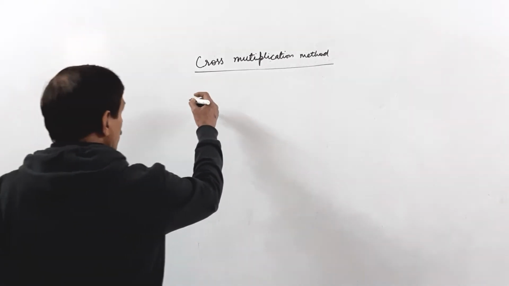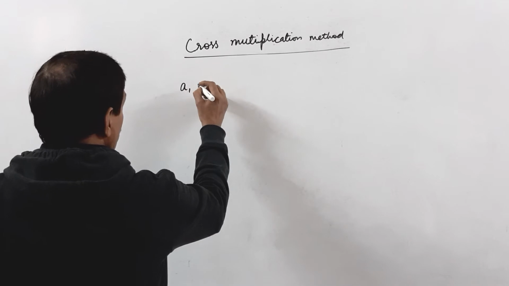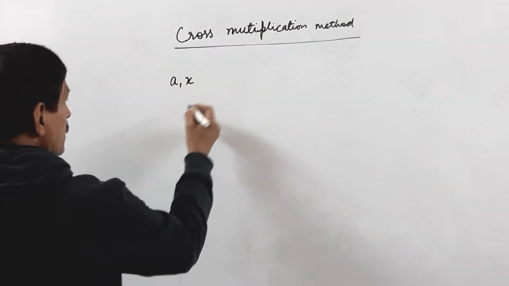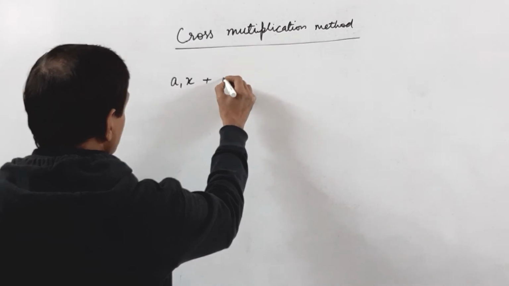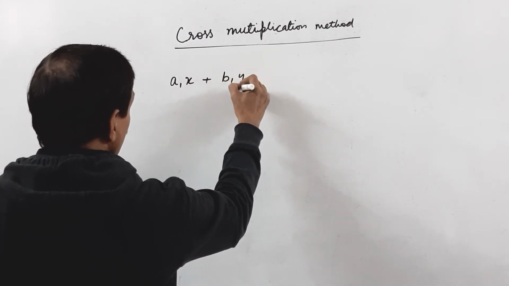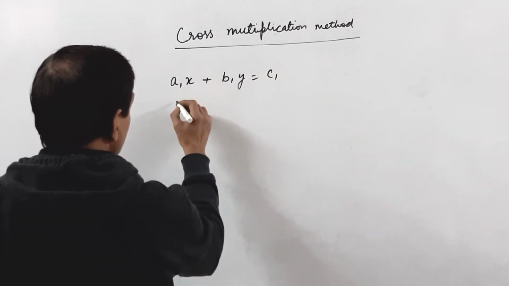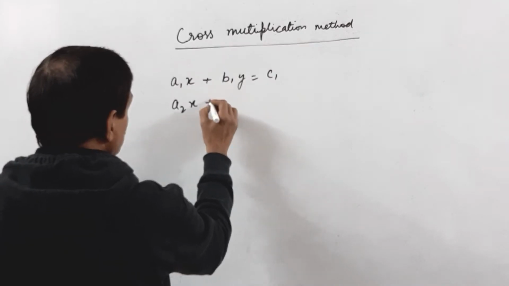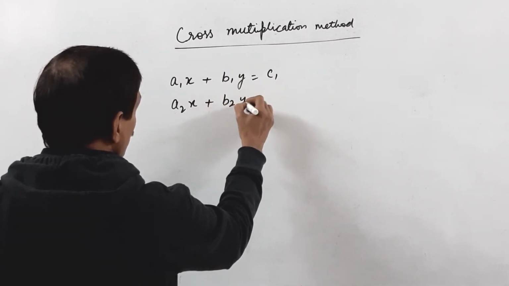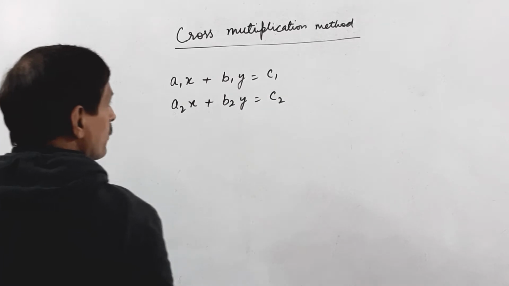The standard form of linear equations in two variables is a1x plus b1y is equal to c1, a2x plus b2y is equal to c2.